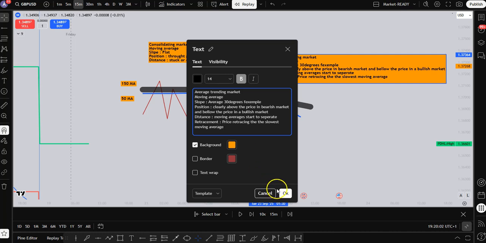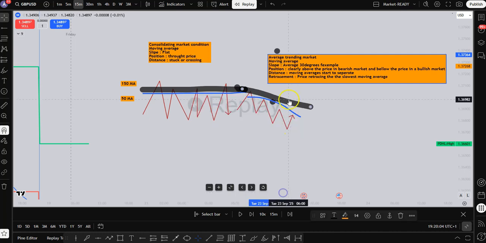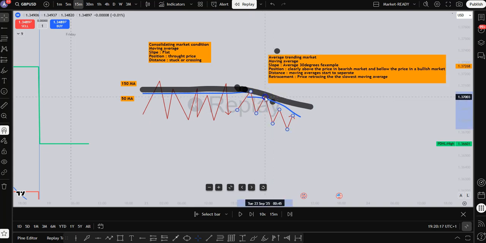What does it mean? It means that the 50 is the fastest and the 150 moving average is the slowest. Once the price starts to trend, the price retraces to the slowest moving average. That's what we have, deeper retracement.